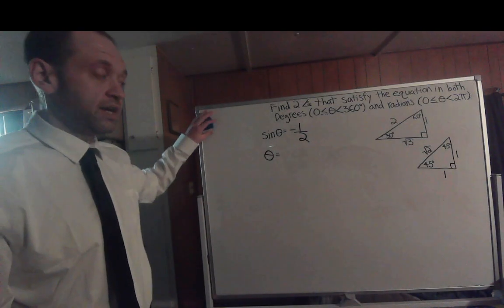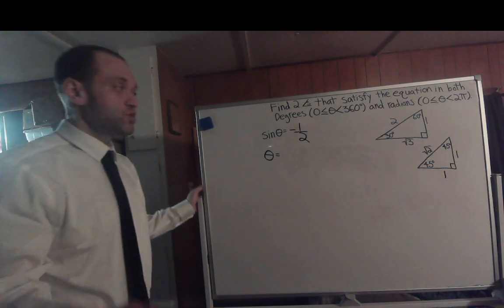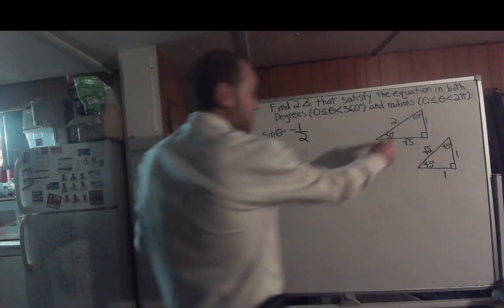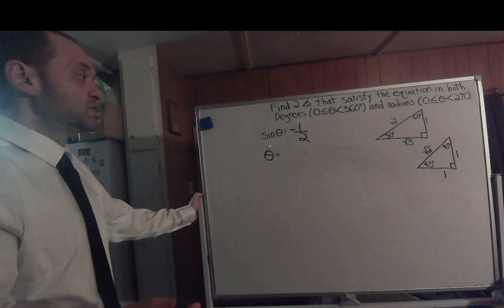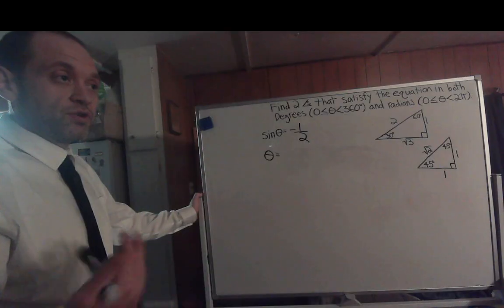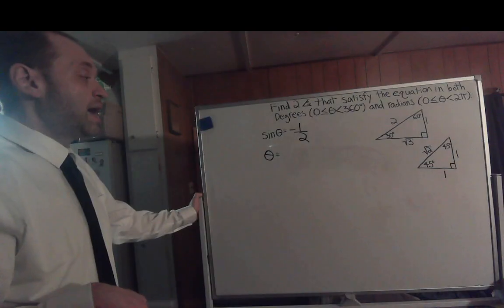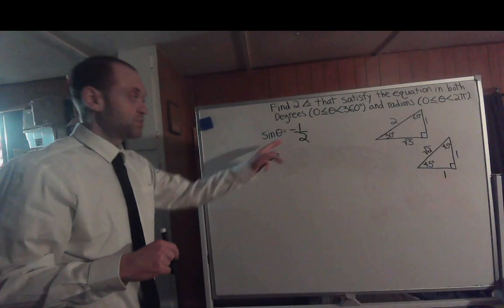So we're looking for angles in the third and fourth quadrant. Well, if you look at your 30, 60, 90 triangle, you see the sine of 30 equals 1/2. So it's going to be based off a 30-degree angle, very much so. However, you can only pick it in the third or fourth quadrant because that's where the sine is negative.